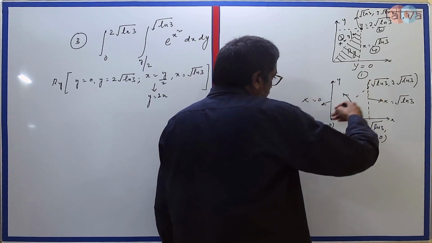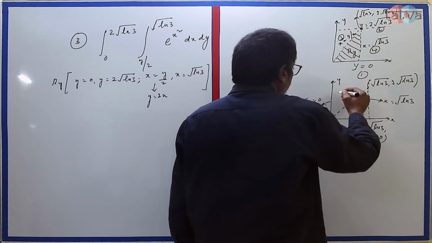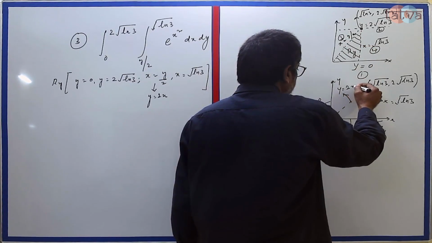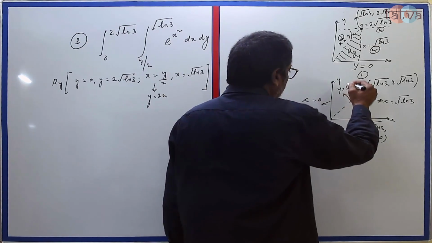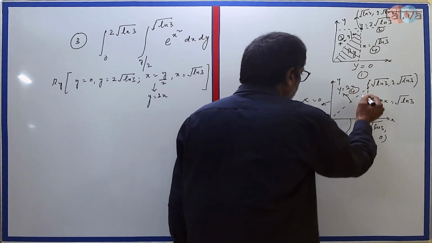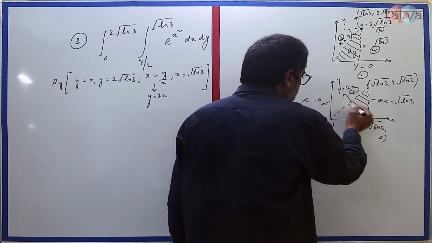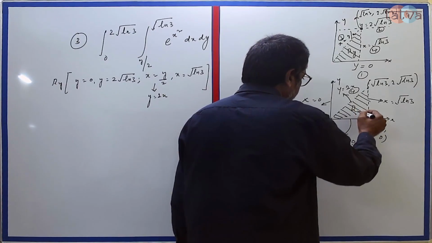And this is the upper curve whose equation can be derived from here as y is equal to 2x. So this is 3 and that is 4. 1, 2, 3, 4. Shade the region. Label it as Rx.